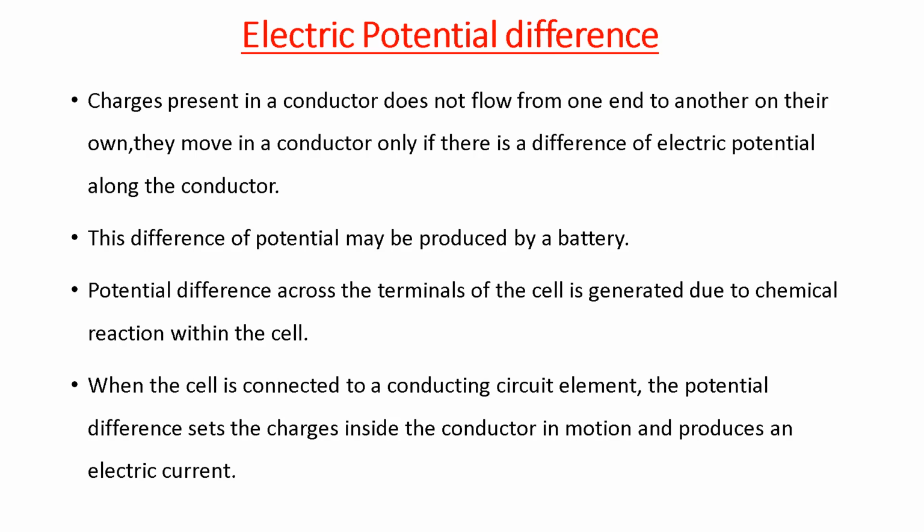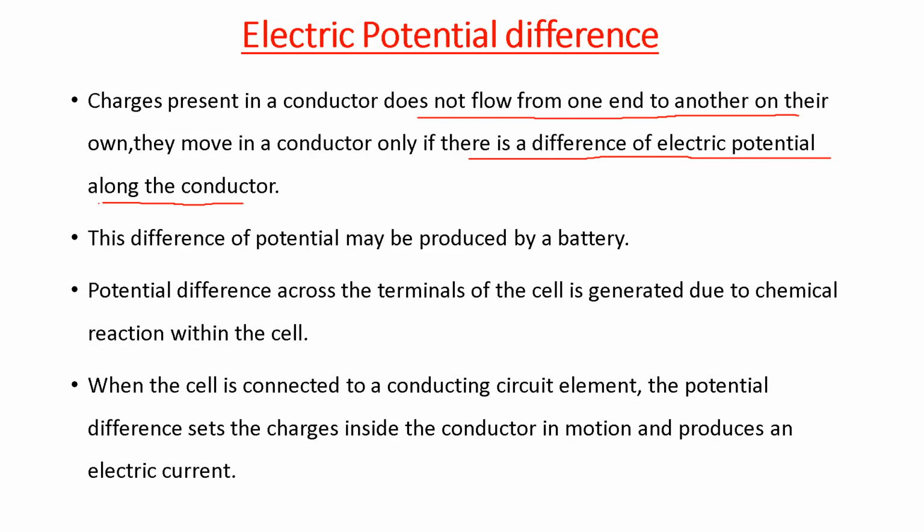As we know, charges present in a conductor do not flow from one end to another on their own. They need some force which can move them, and that force is created by the difference of electric potential along the conductor. For example, if we take a copper wire which is not connected to any battery, then though the electrons are free to move in the copper wire, they will not constitute a current because they are not all moving in a single direction.